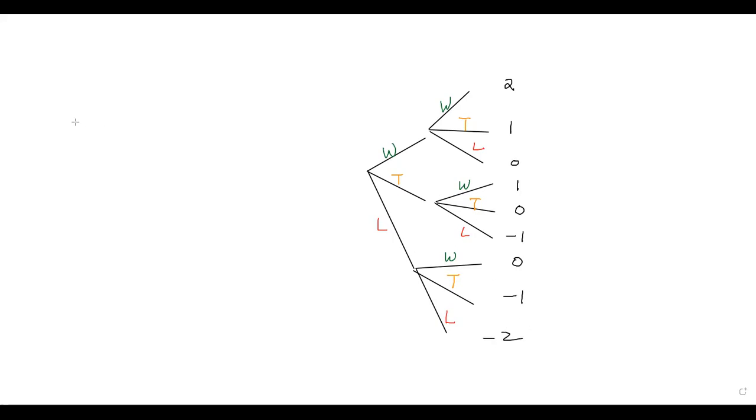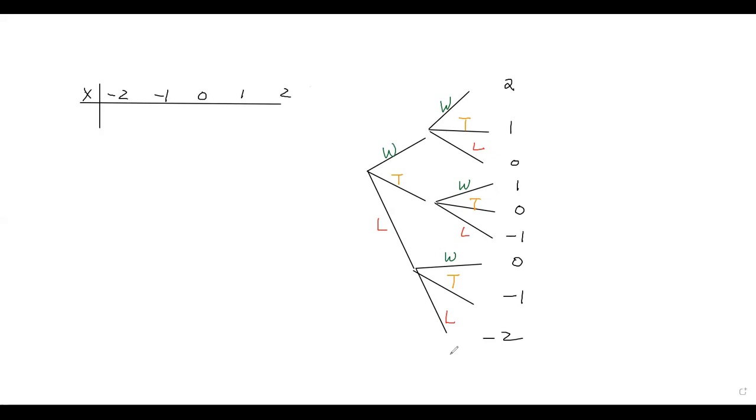So now I can write my PMF here. This is the possible score for my X here. So I know my X could vary from -2, -1, 0, 1, and 2.